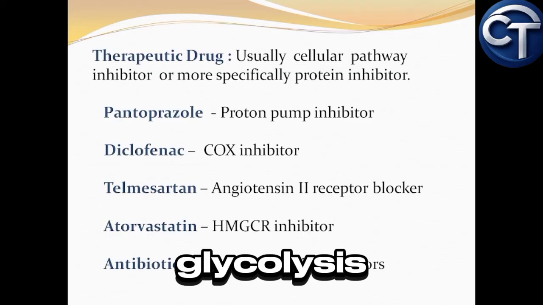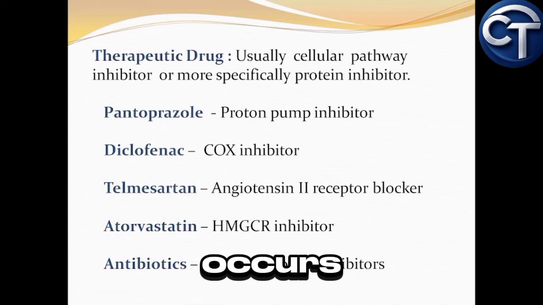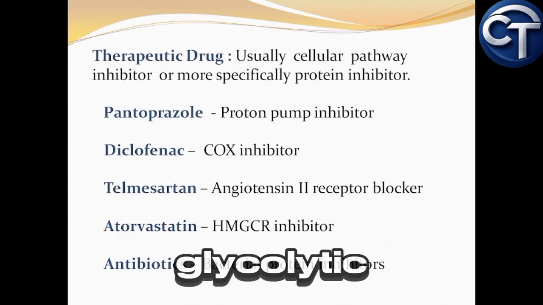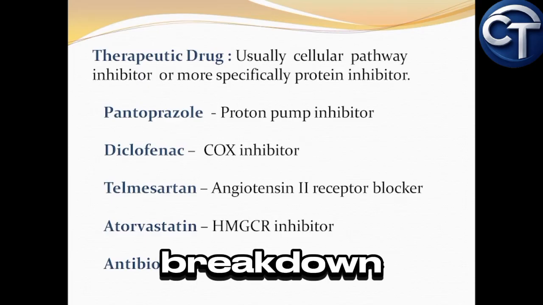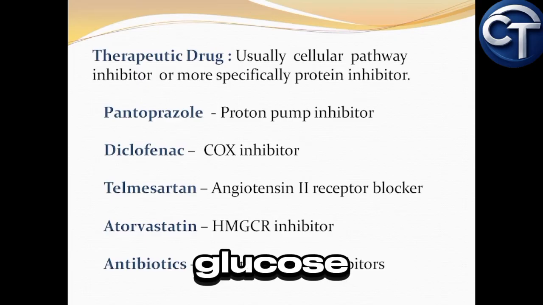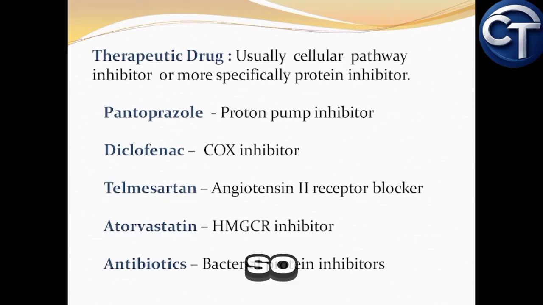Suppose we have glycolysis in the cytoplasm, and several enzymes are involved in the glycolytic pathway. So they actually regulate the breakdown of carbohydrate molecule or glucose into pyruvate. So every trait or every feature in our body is regulated by the protein molecule.